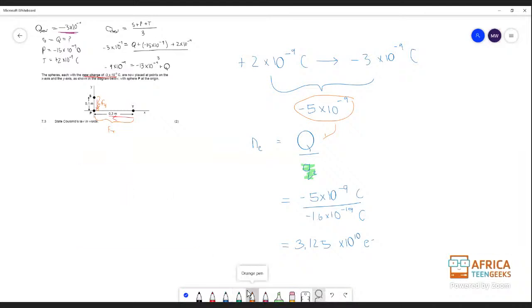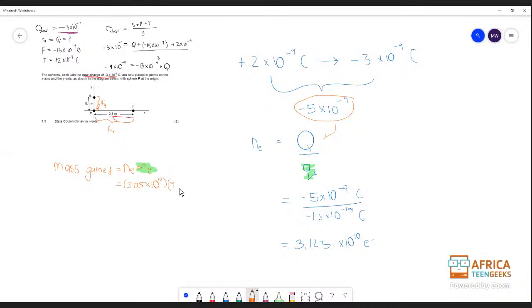we can go work out the mass by using the formula: mass gain is equal to the number of electrons times the mass of an electron. And that would be equal to the answer that we just got, which is 3.125 times 10 to the 10. And the mass of your electron is also a constant found on your formula sheet, so don't stress about it, you don't have to memorize it.